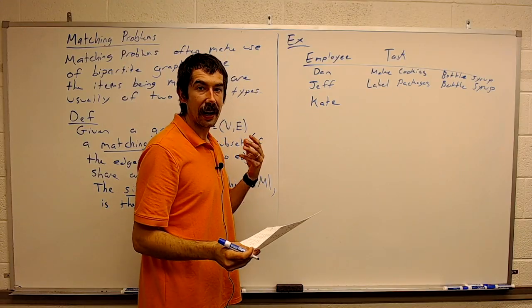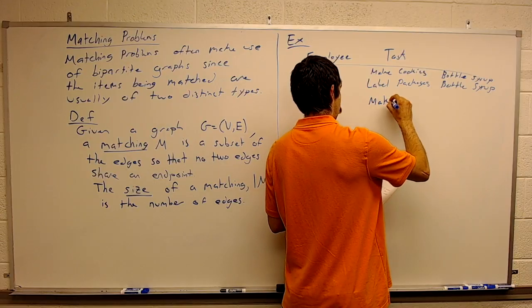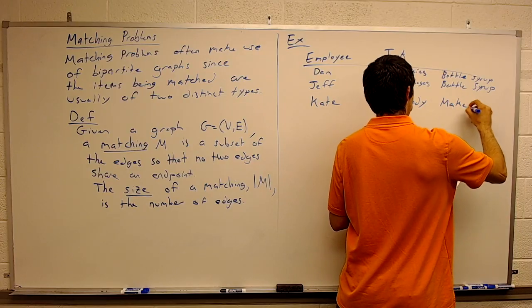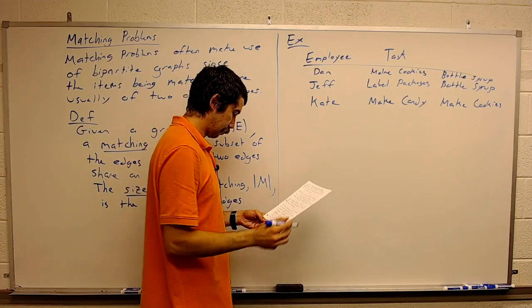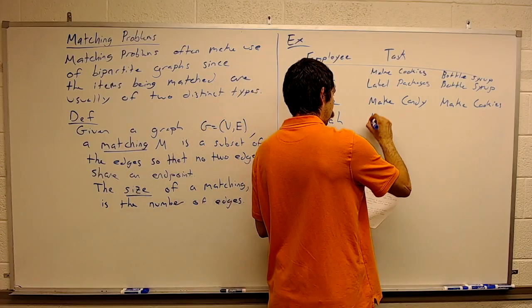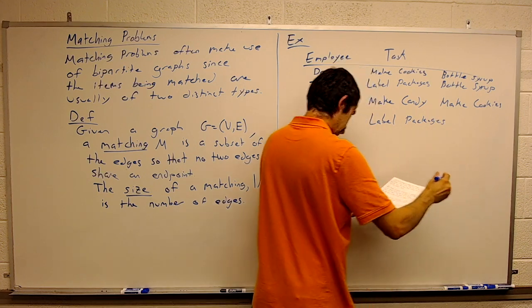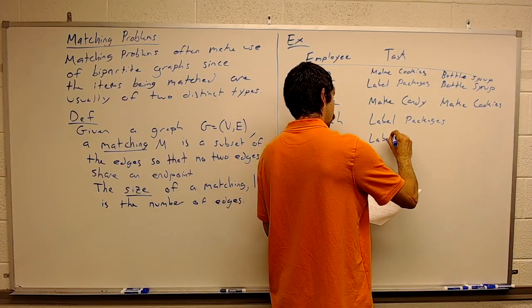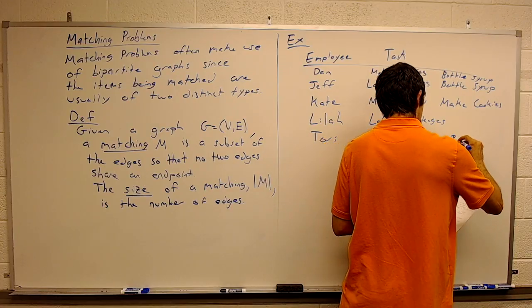Kate can make candy and make cookies. Lila can label packages. And Tori can label packages and bottle syrup.